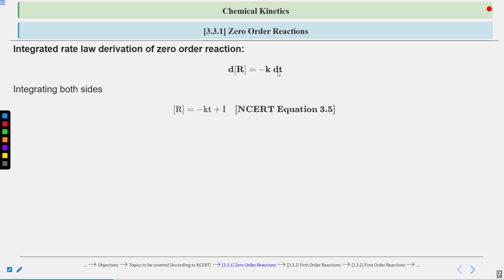Now k is a constant, so when you integrate k multiplied by dt, k comes outside the integration and dt remains inside. Similarly, when you integrate a little change in time, we add up all the little times together, and they constitute the whole time, t. Since k is constant, we write k as it is, plus I, an extra term, the integration constant, which can be there when you add everything together.